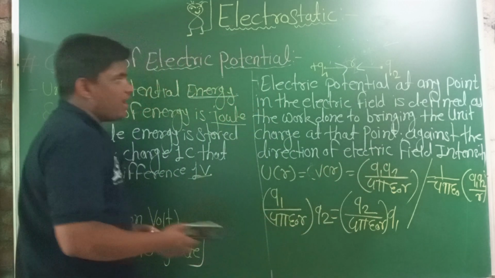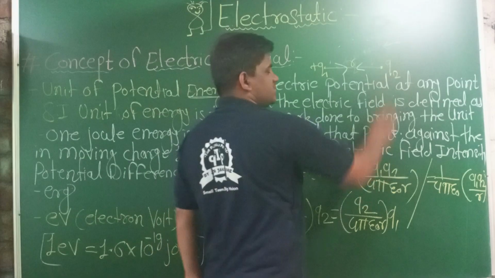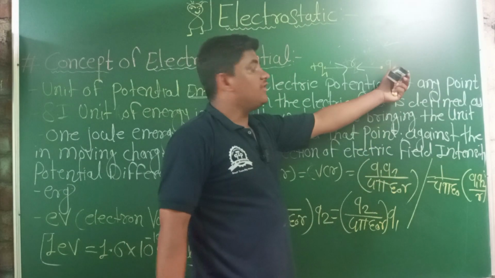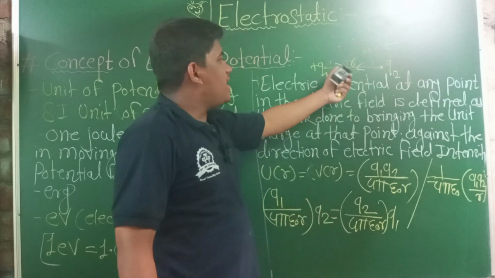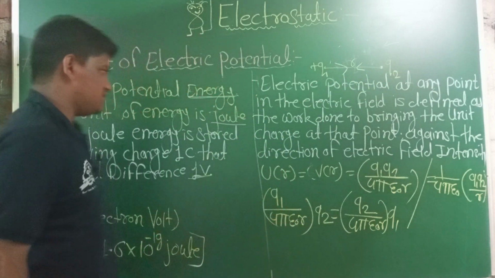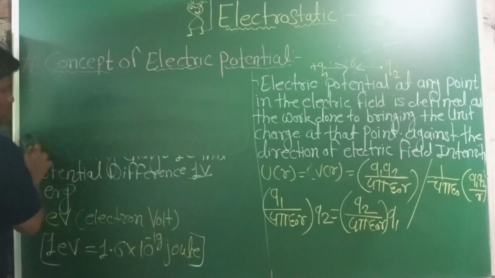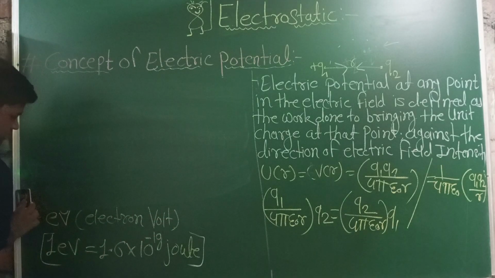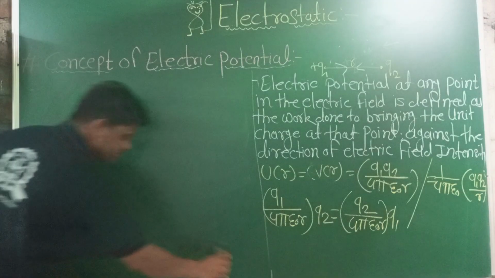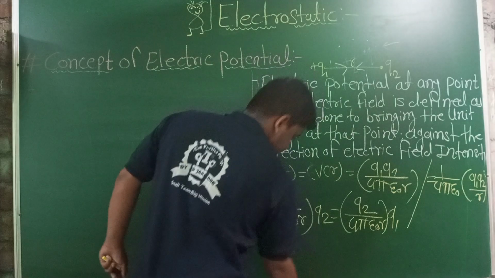And again it depends on the locations of the other charges, which means the separation distance between these two charges. That is, electric potential depends on the charges and the separation distance between them.